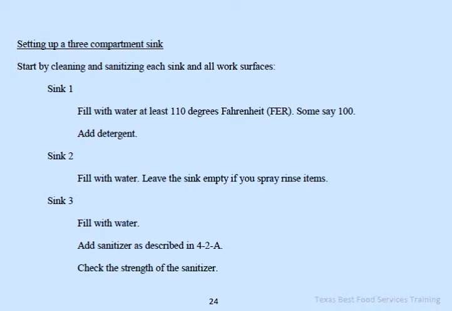Sink 2, fill with water. Leave the sink empty if you are spray rinsing items. Sink 3, fill with water. Add sanitizer, as described above, and then check the strength of the sanitizer. And again, just go little by little until you get to the proper amount.